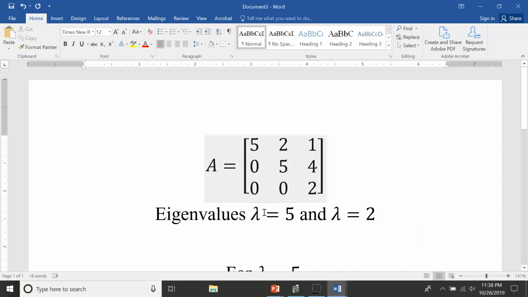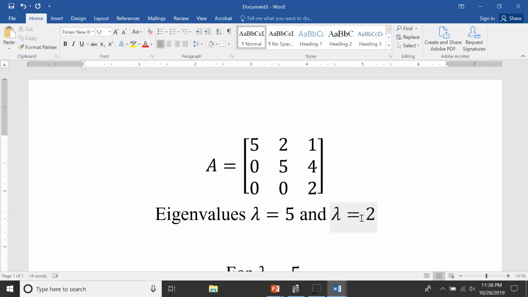Well, first off, I see that my eigenvalues are 5 and 2. Now, I can kind of ignore 2 for the question of, is this diagonalizable? If I had to come up with the P, then obviously I'd have to look at 2, but 2 has multiplicity 1, so the eigenspace is going to have dimension 1 at least. So 2 is going to correspond to an eigenspace of dimension 1. That's sort of guaranteed.